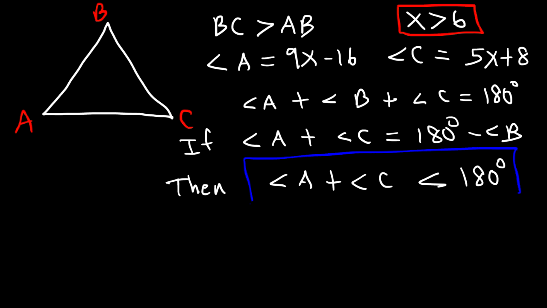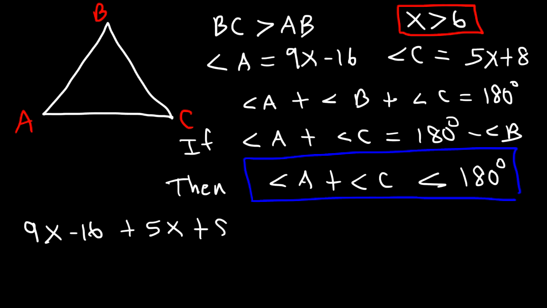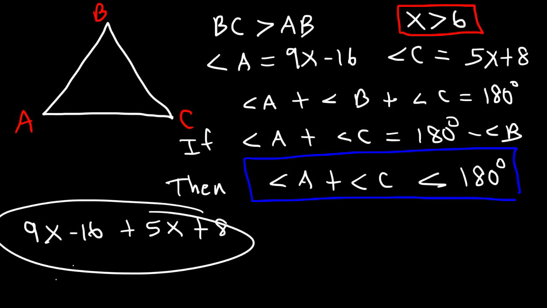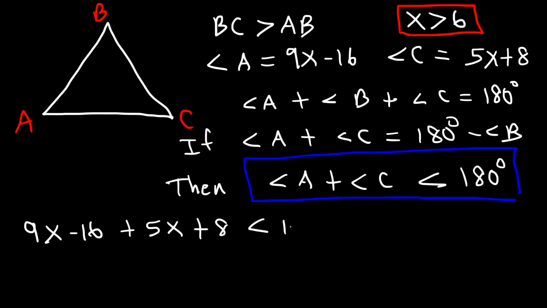So this is the inequality that we need to find the maximum value of x. Now we have the value of angle A. We know it's 9x minus 16. And now let's replace angle C with 5x plus 8. So therefore, this whole thing has to be less than 180. Now let's simplify the expression. So let's combine like terms. 9x plus 5x is 14x.